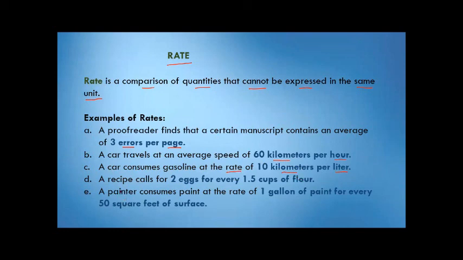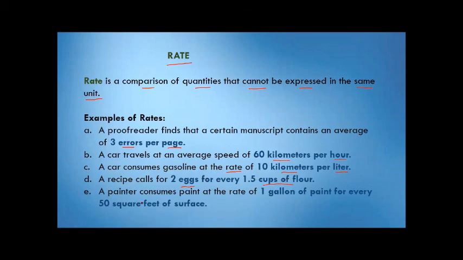Letter D, a recipe calls for 2 eggs for every 1.5 cups of flour. So magkaibang quantity eggs at saka flour. So ito ay kinakount natin by whole number. Ito naman ay powder. Okay? So hindi natin siya pwedeng gawan ng same unit kaya ang tawag sa kanya ay rate.